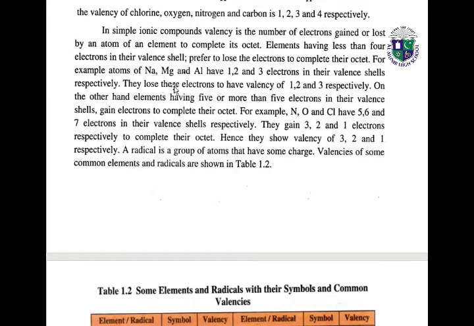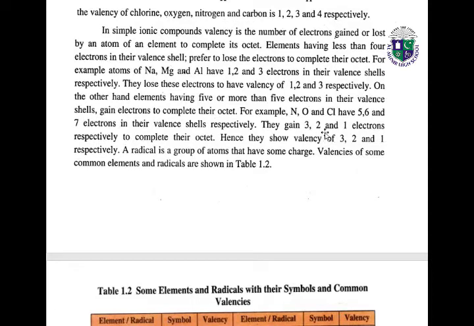For example, sodium, magnesium, aluminium have 1, 2 and 3 electrons in their valence shells respectively. They lose these electrons to have valency 1, 2, 3 respectively. On the other hand, elements which have 5 or more electrons in their valence shell gain electrons to complete their octet. For example, nitrogen, oxygen, chlorine have 5, 6 and 7 electrons in their outermost shells.